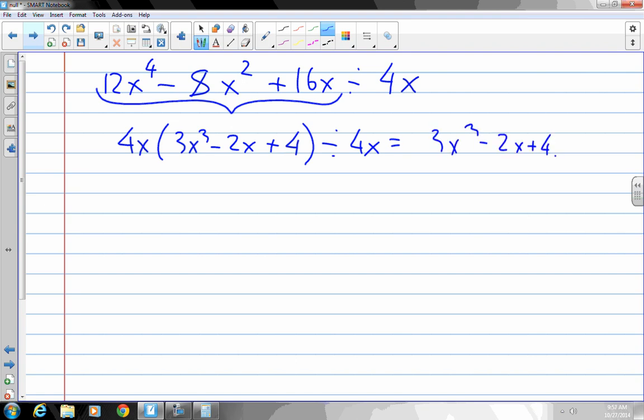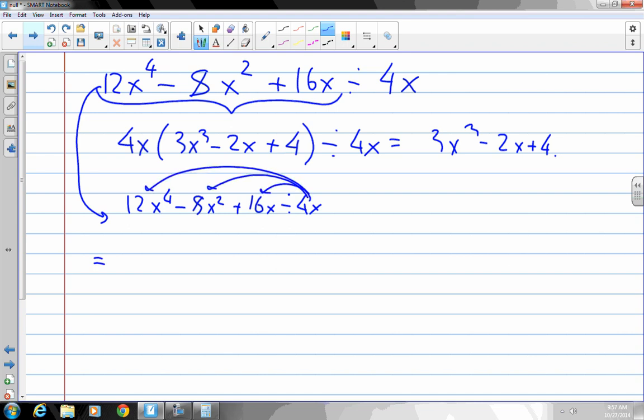So if you can see that something factors, of course you can avoid the long division. If I do the long division, I'll still get the same answer. But another way to think about this problem is 12x to the fourth minus 8x squared plus 16x divided by 4x. You're just dividing each term by 4x.